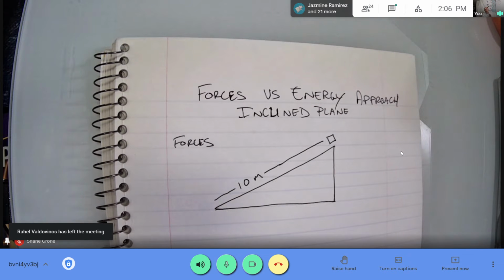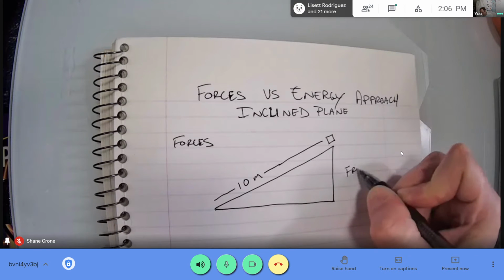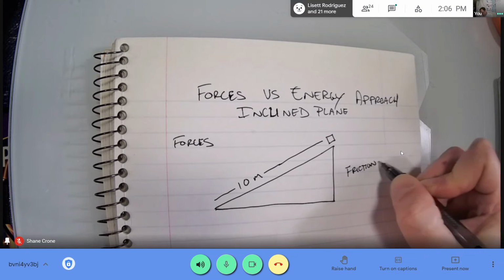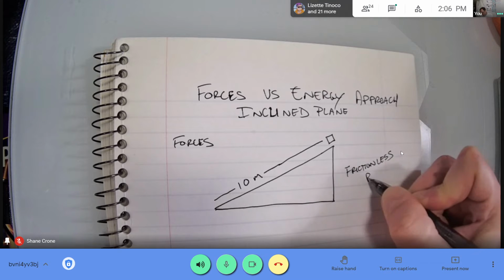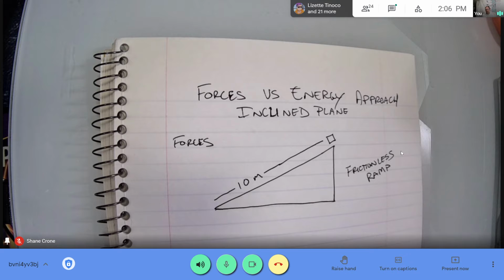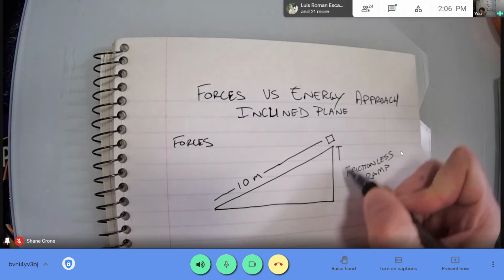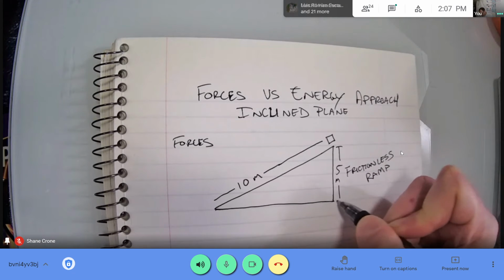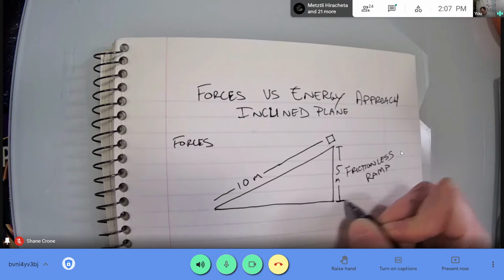The ramp will be frictionless. Maybe it's on ice, maybe it's on oil, I don't know. But it's going to go down this inclined plane without any friction whatsoever. I'm giving you some numbers in here.